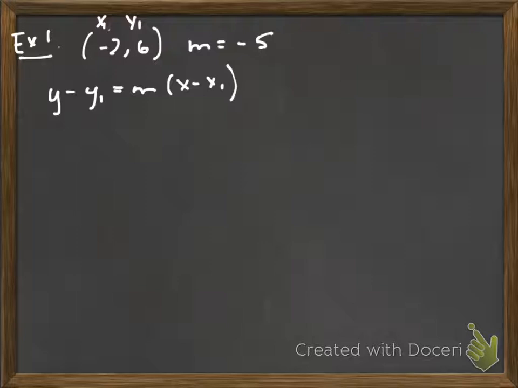Don't plug it into the y and the x, because that'll mess your whole equation up. Essentially I'm taking the opposite of y1 and the opposite of x1 because of the negative sign in front. So when I plug this in, I'm actually going to have y minus 6 equals -5 times x minus -2.